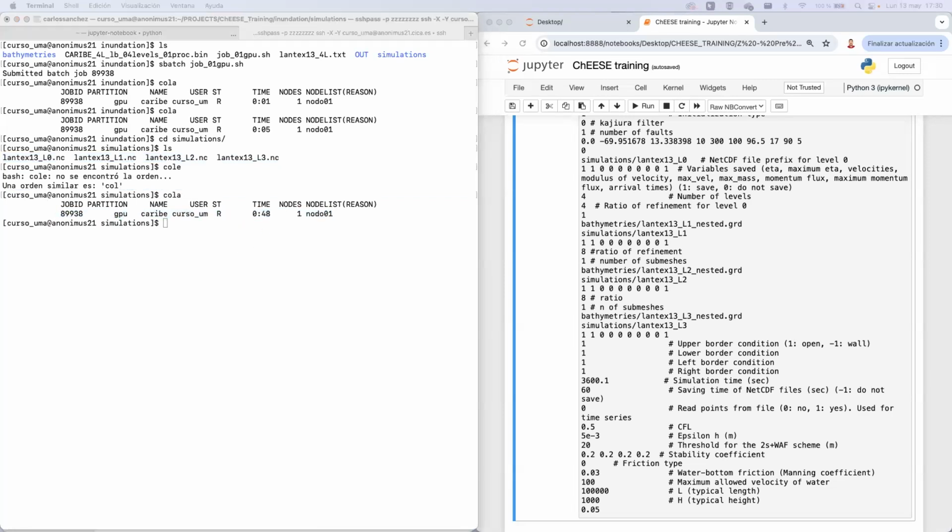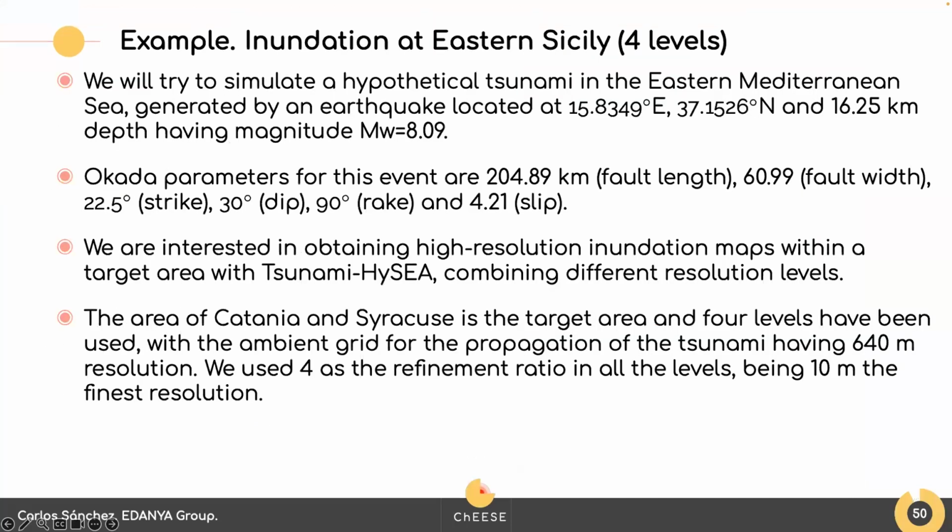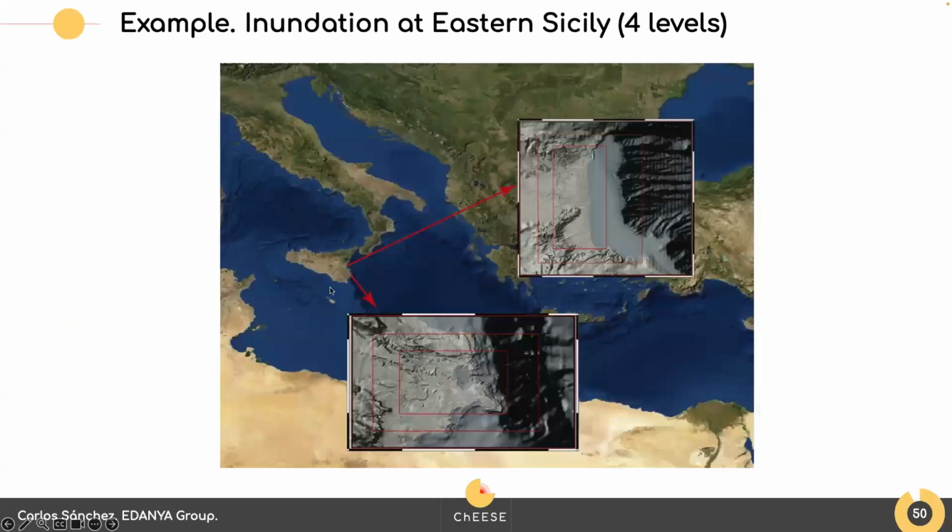So I'm going to switch to the slides again in order to show you another example. Just maybe some of you know this example, it is to show you that you can use this kind of computational domain with, for example, in this case, one ambient grid here, and then 4 levels of resolution, but each level including 2 submeshes.